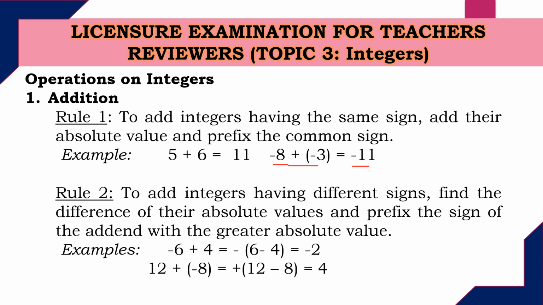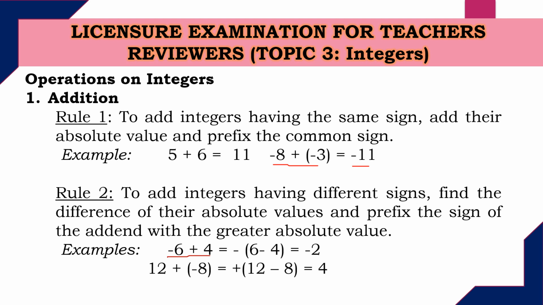Next, to add integers having different signs, find the difference of their absolute values and prefix the sign of the addend with the greater absolute value. For example, negative 6 plus 4. So, we get the difference of the absolute values of the two integers.